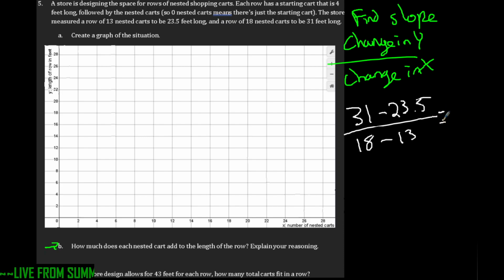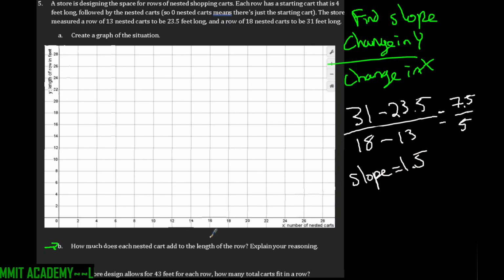So it's going to be equal to 7.5 over 5, and our slope should be equal to 1.5. And so that's going to be this part here. It's going to be 1.5. That's saying for each nested cart, how much does that add to the length of the row?